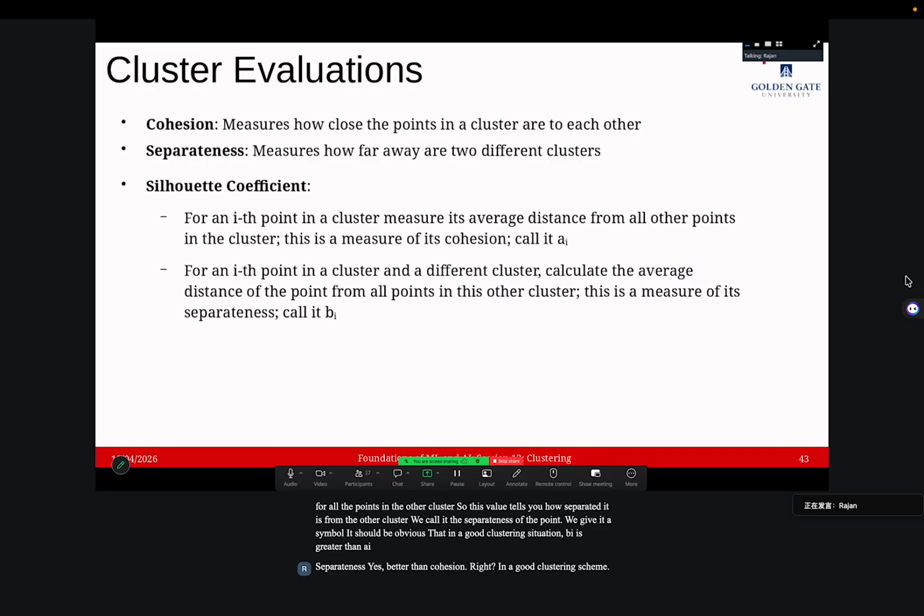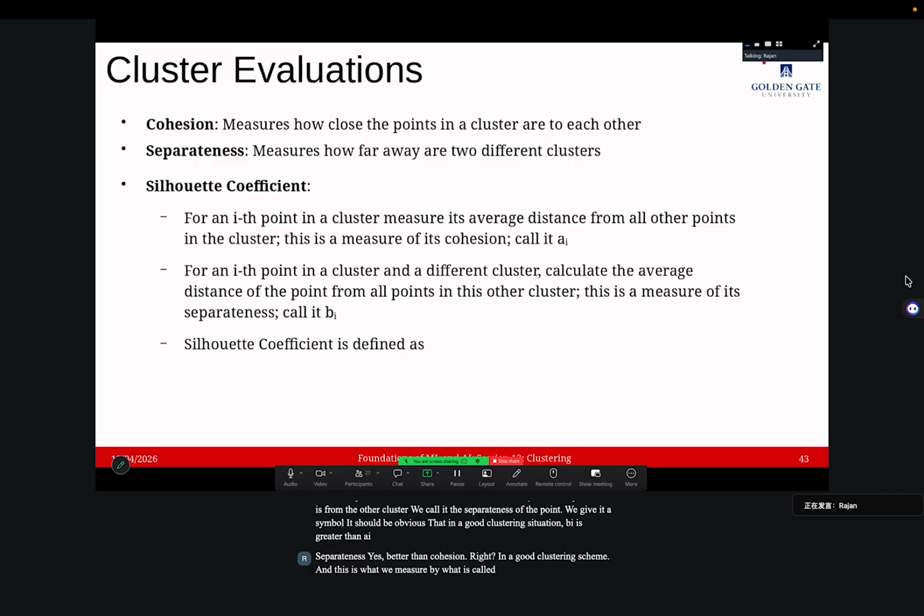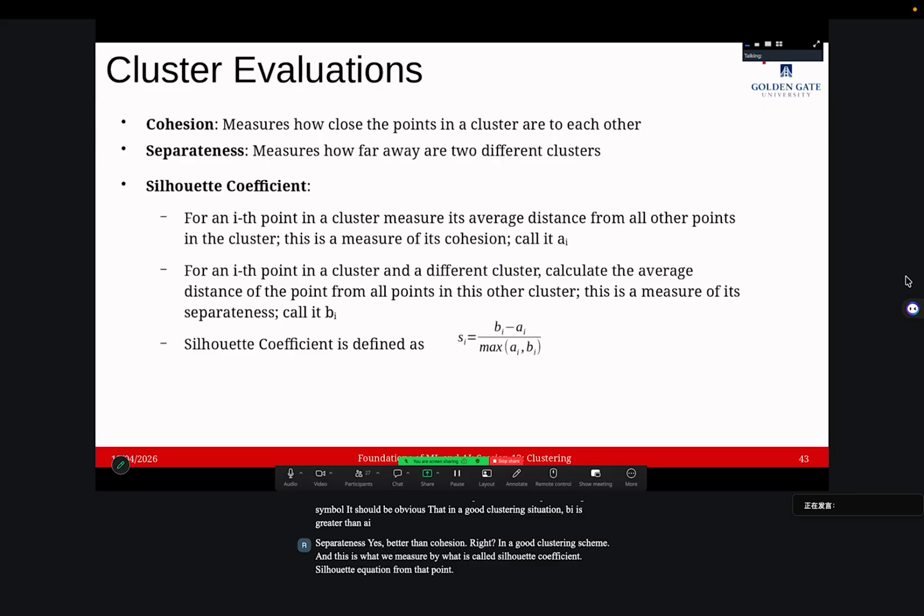And this is what we measure by what is called the silhouette coefficient for that point. How do we define it?